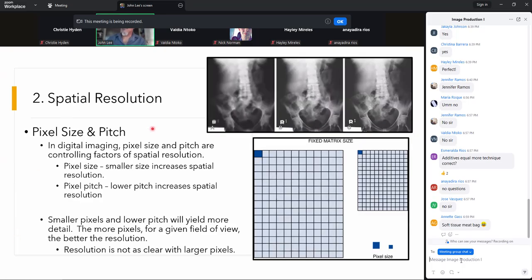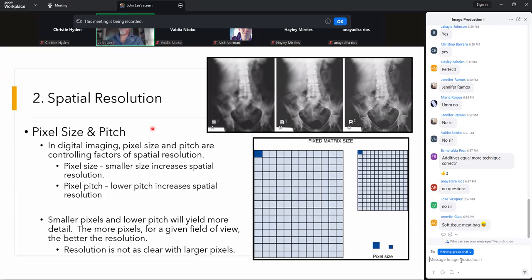Moving into our digital receptors, specifically the flat panel image receptors. Pixel size and pixel pitch. Now, pixel size, remember that the word pixel actually stands for picture element, and it is used to describe the little squares that make up a digital image.